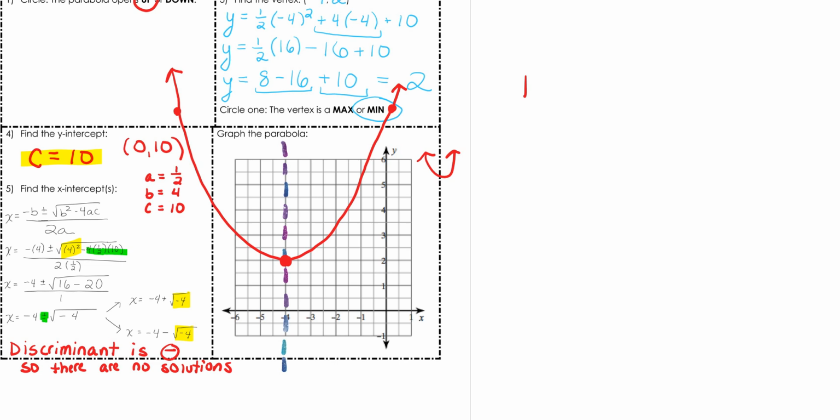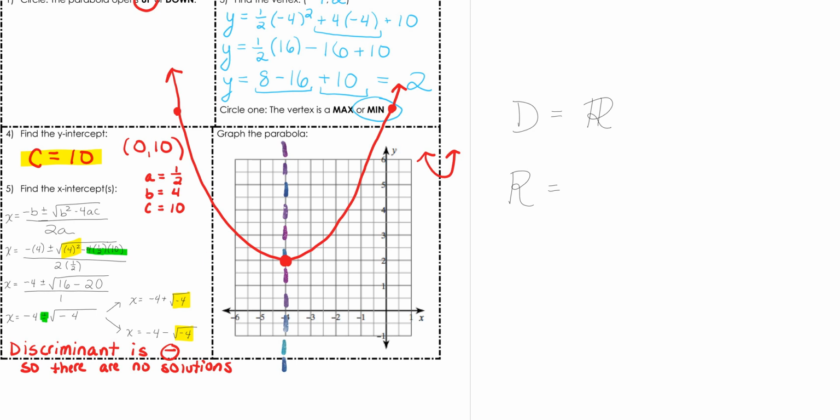All right, now I'm going to do the last piece, which is to ask you what our domain and our range are. Remember, the domain, most of the time, if it's not a real world problem, is going to be all real numbers. So I'm just going to write that down. Now our range, we take a look at where our vertex is.